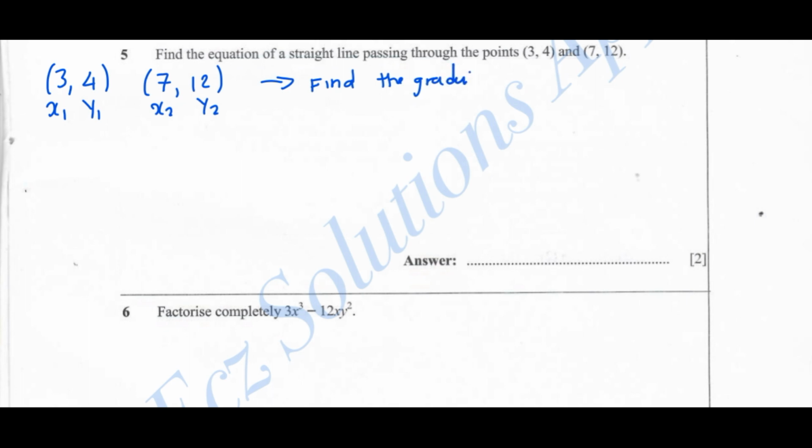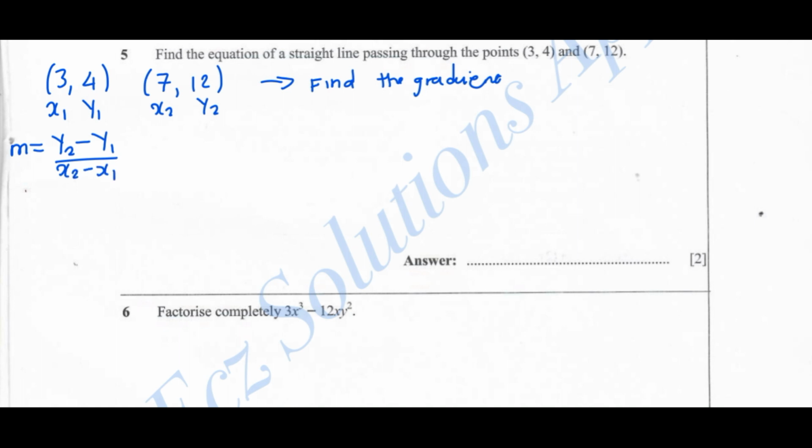So what is the formula for the gradient? So we know that gradient is denoted by small letter m, and it's y2 subtract y1 over x2 minus x1.